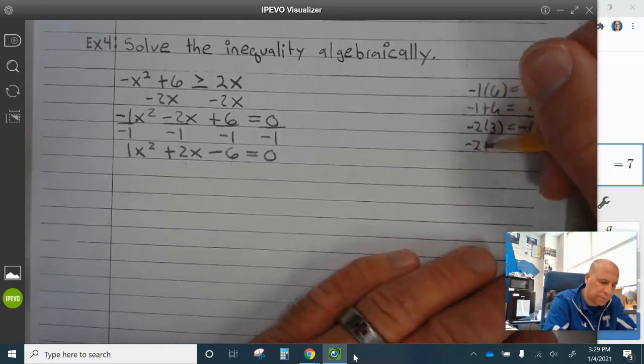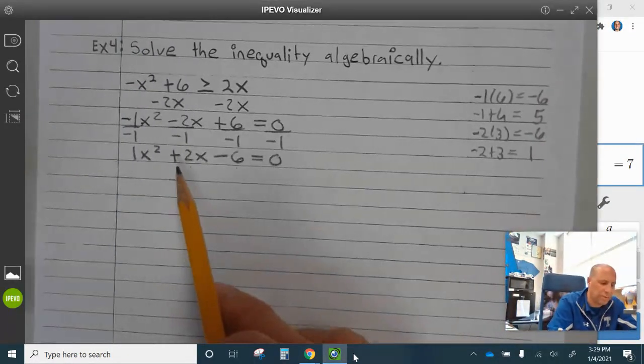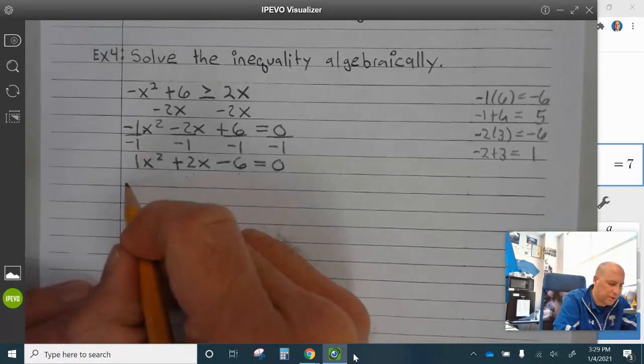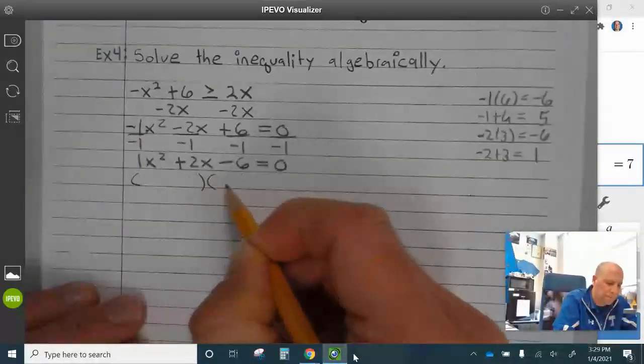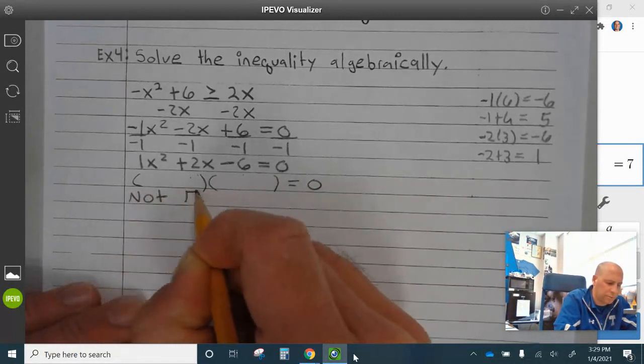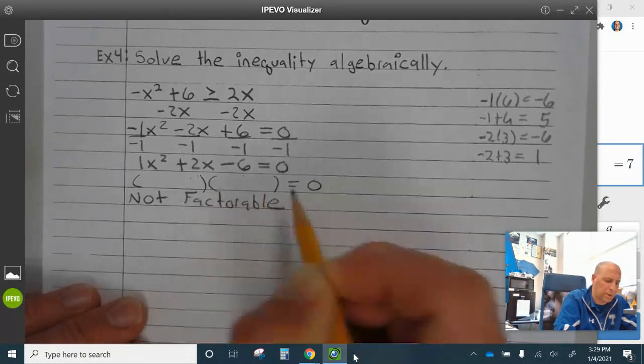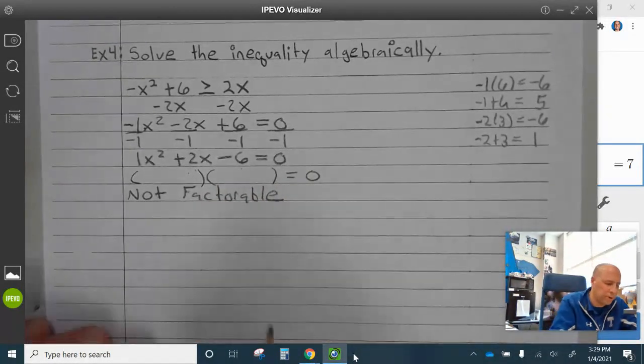Negative 2 plus 3 equals 1. Well, that's all the combinations that are possible, and none of them will give you a combination of 2, so this is not factorable. Okay, when it's not factorable, we use the quadratic formula.